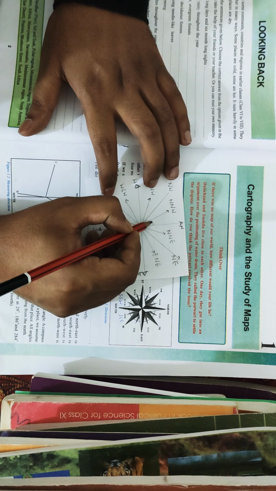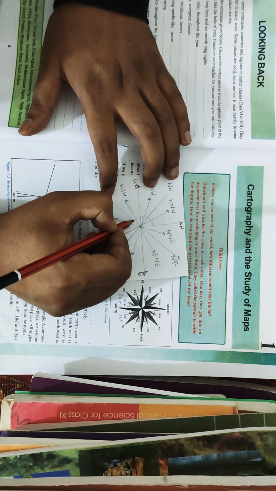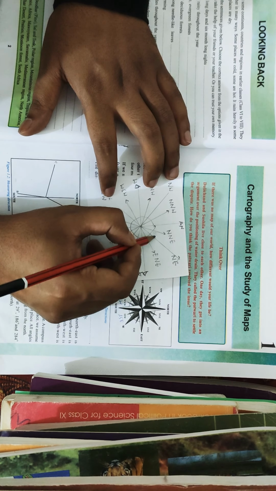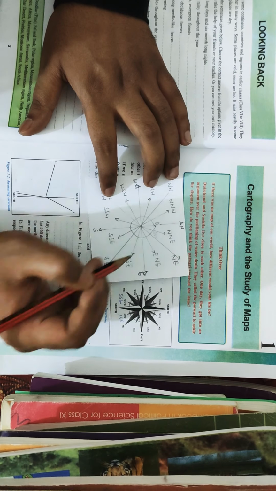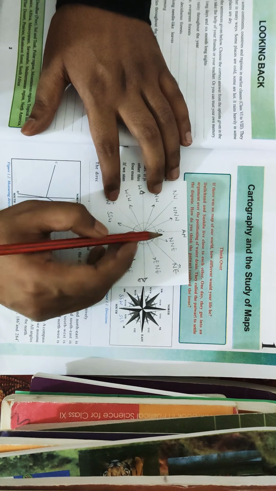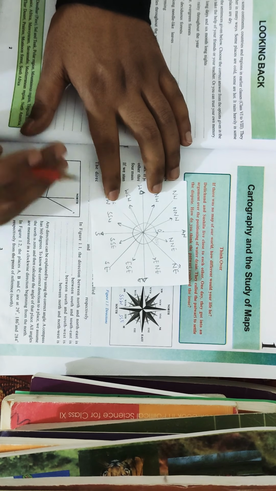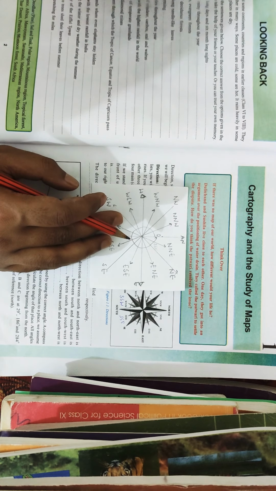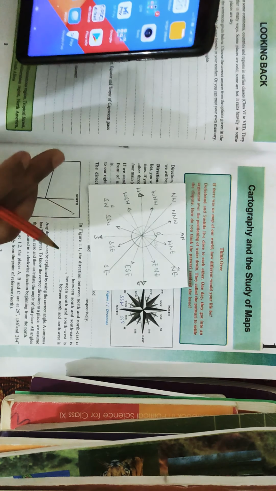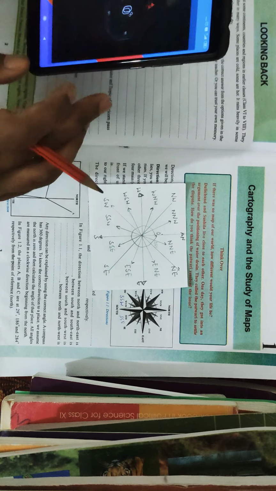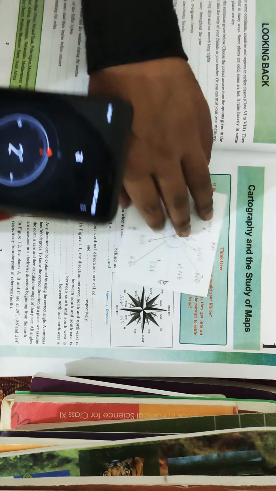Then from here to here it is 90, 180, 270 and 360 डिग्री. टोटली कितना हो गया? ये टोटल हो गया 360 डिग्री. ठीक है. डायरेक्शन को ऑलवेज नॉर्थ को हम 0 डिग्री लेके चलेंगे. अब सपोज किसी एंगल का हमको डायरेक्शन निकालना है. तो कैसे फाइंड आउट करेंगे डायरेक्शन? उसके लिए हमको एक कंपास चाहिए. कंपास की हेल्प से हम कैसे निकालेंगे देखते हैं.